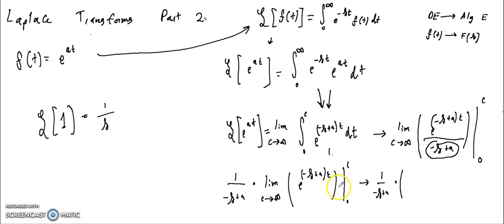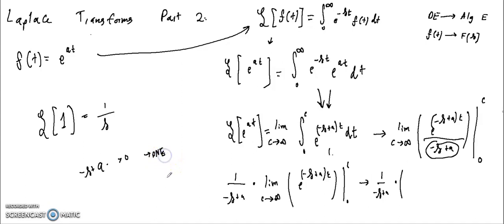well, there are two different cases. If negative s plus a is greater than 0, then we have a base to a positive exponent, and you plug infinity in, it's just going to go to infinity. So this would result in a solution that does not exist.